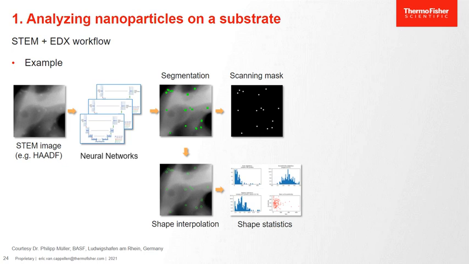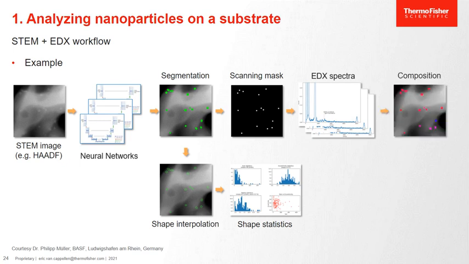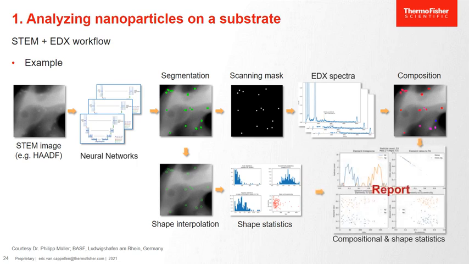Now, from the shape interpolation, we can extract shape statistics. From the scanning masks, we can acquire EDX spectra. From the EDX spectra, we get the composition. And finally, shape statistics and composition can then be combined into the final report.